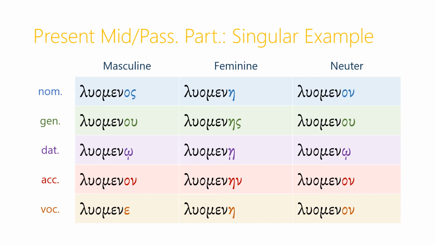And in the feminine, because the voice indicator now doesn't end with a sigma, instead of an alpha ending in the nominative, it's just a regular eta ending. But we have regular first declension endings, luomene, luomenes, luomene, luomenane, and luomene. And the neuter singular is similarly quite regular.